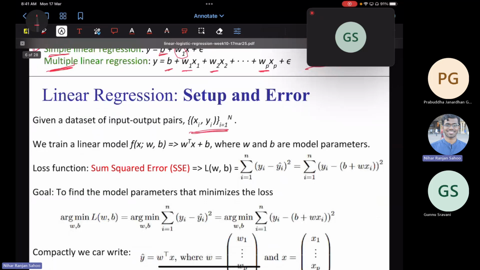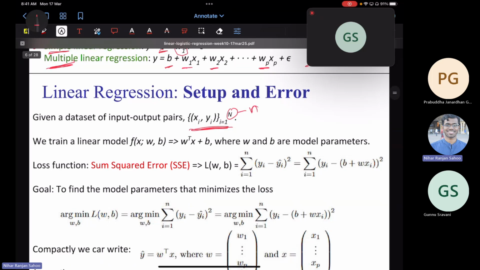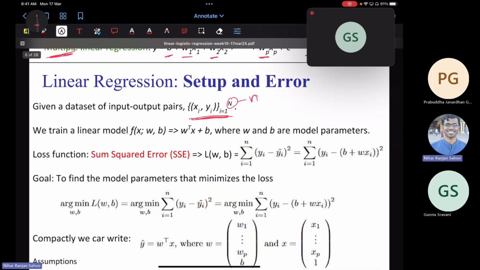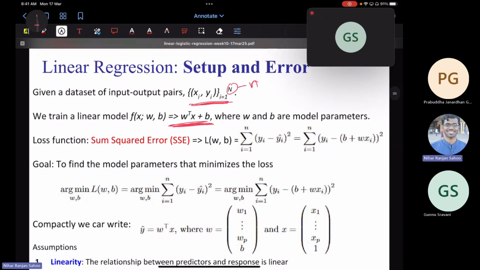Given input data is xi, yi, so n number of input data points. This is not capital N, this is small n. What is your model? It's a linear model, W transpose x plus b. Again, this W can be d-dimensional depending on the dimensions of each x input.